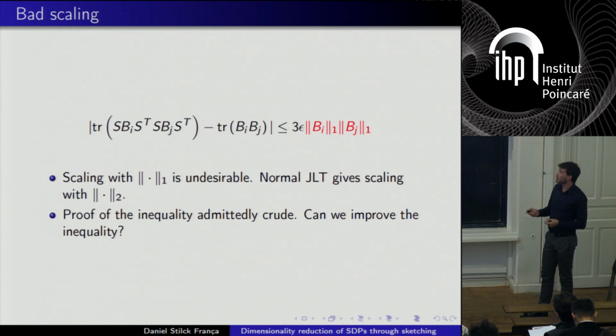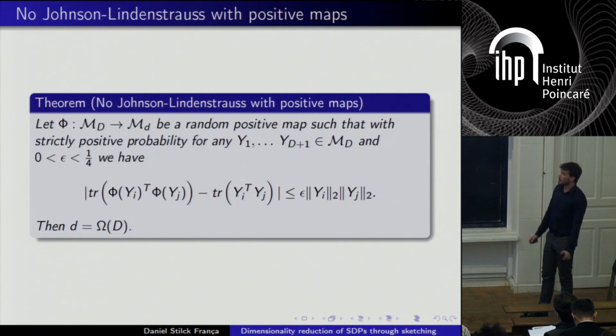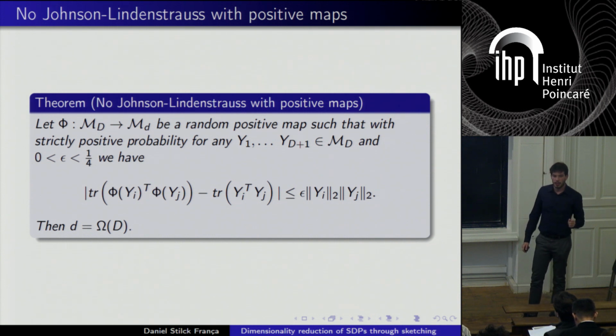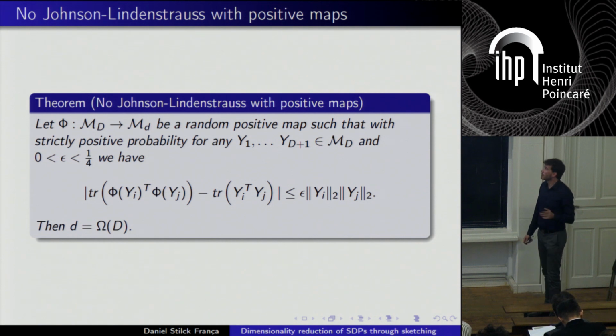However, we can also show that if you want the condition that the map you're applying is also positive, then the scaling with the two norm is not possible.